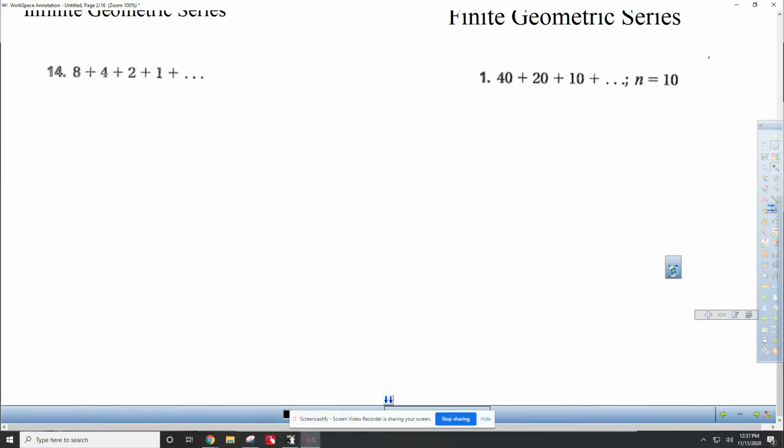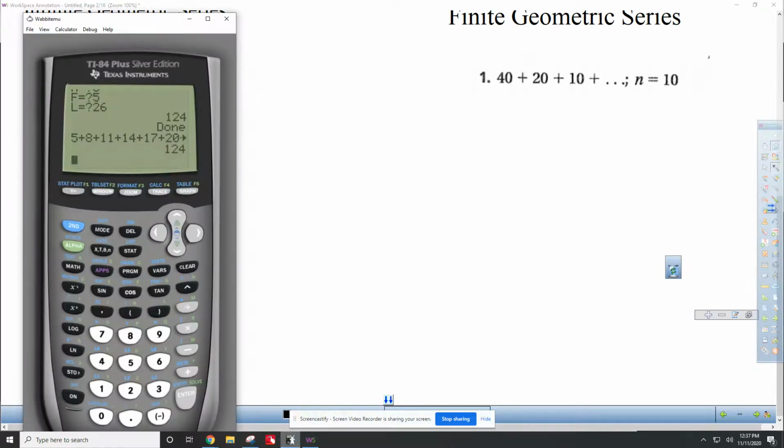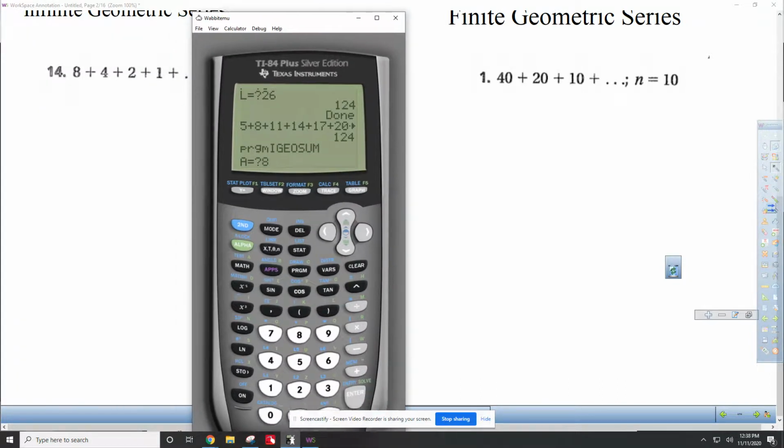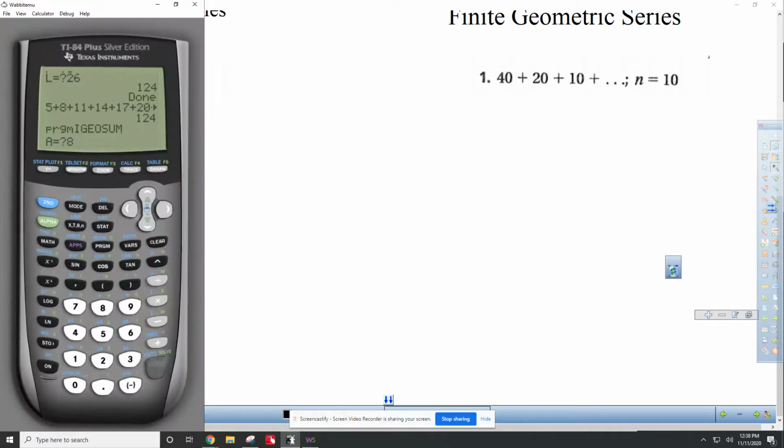Now we're going to work with infinite geometric series. I have another program for that, and that is this program here, IGOSum. Go ahead and enter that in. When it's asking for A in this question, we're talking about the first term value. So our first term value is 8.